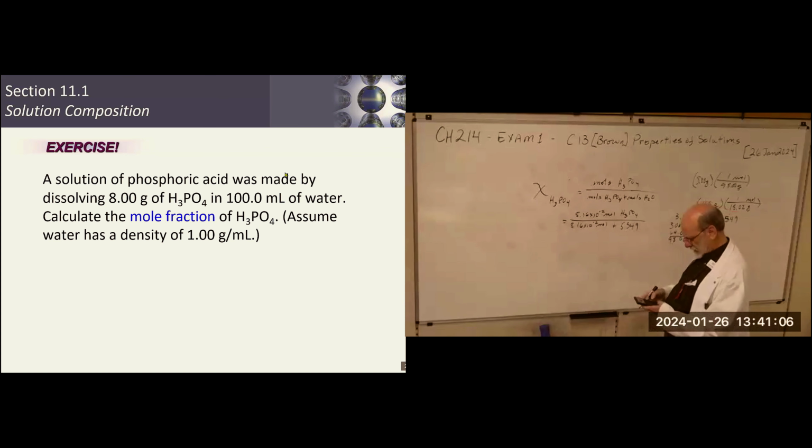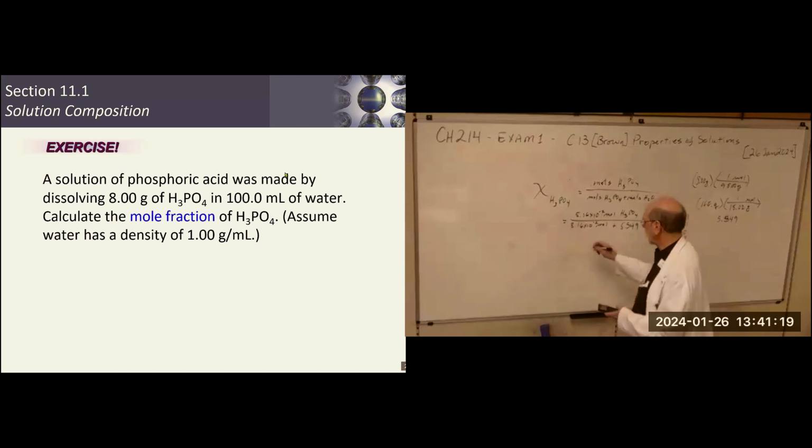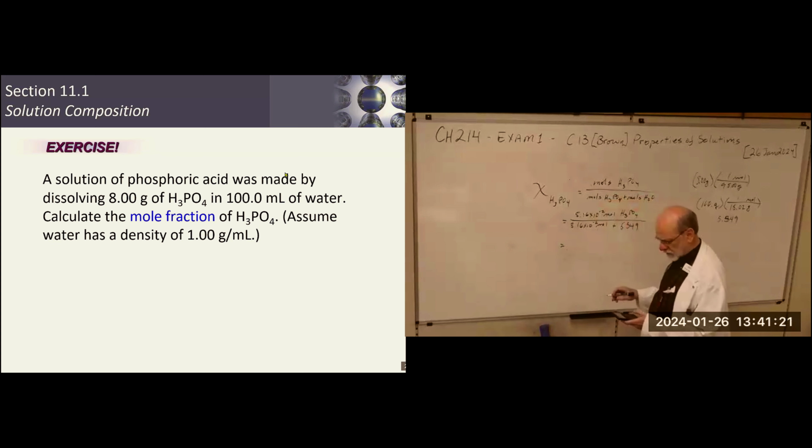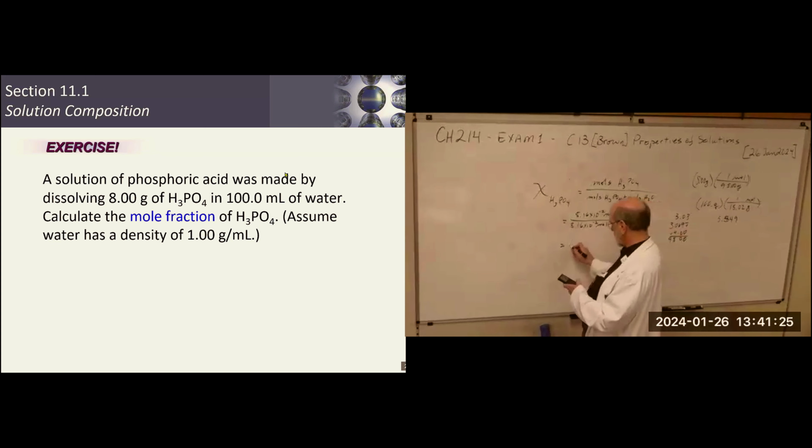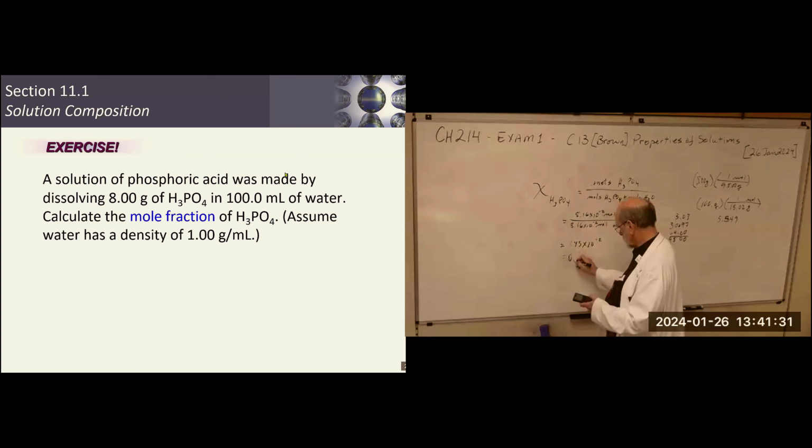So if I add these two together, that's in the denominator, and then in the numerator, 8.16 times 10 to the minus 2. Mole fraction. All right, we're going to want this in standard notation. It's 1.45 times 10 to the minus 2, or 0.145.